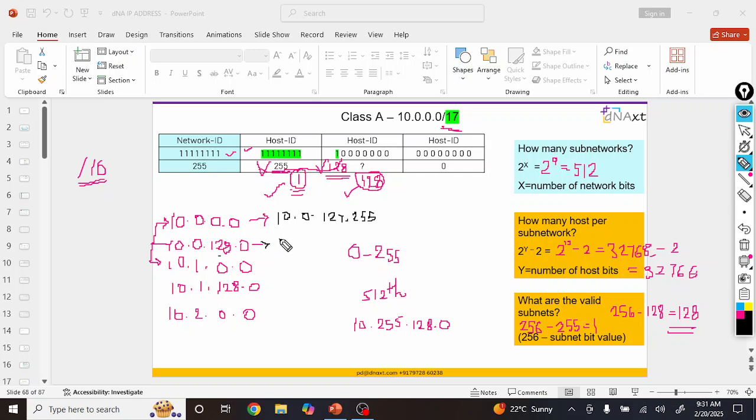Here it will be 10.0.255.255. Here 10.1.127.255, and then 10.1.255.255. This will go on.